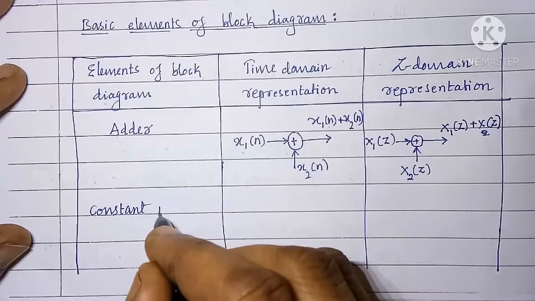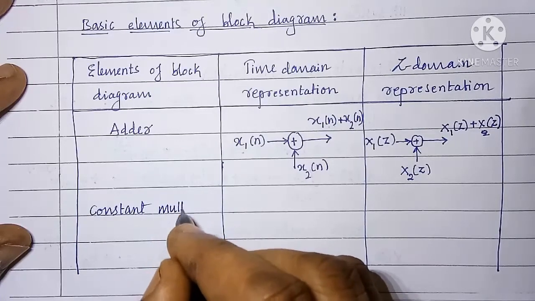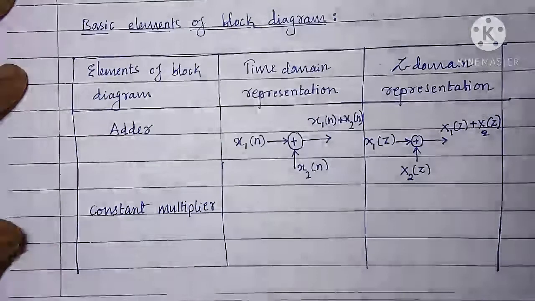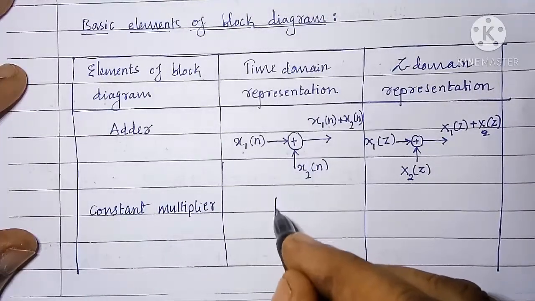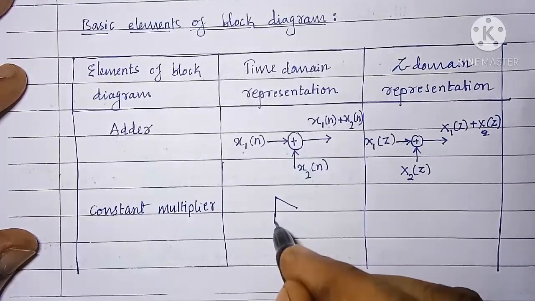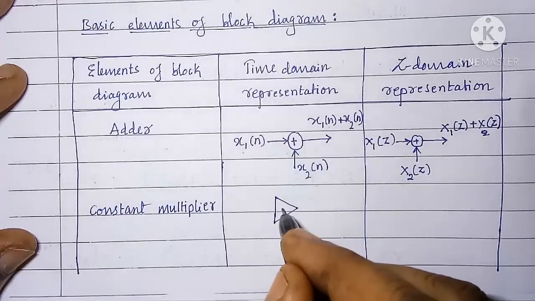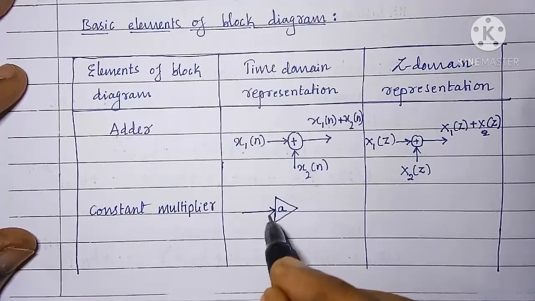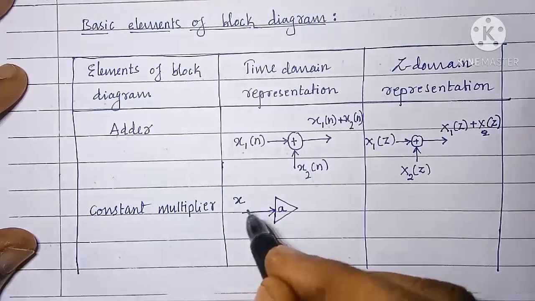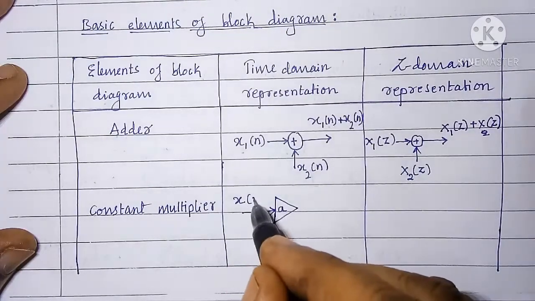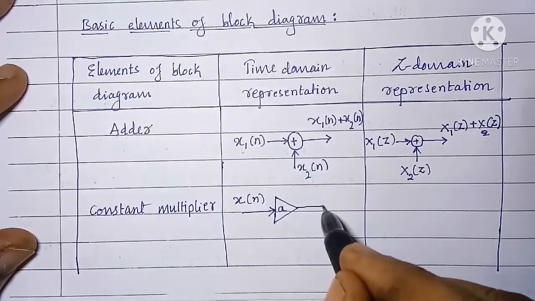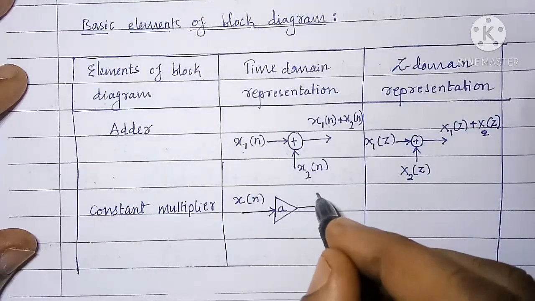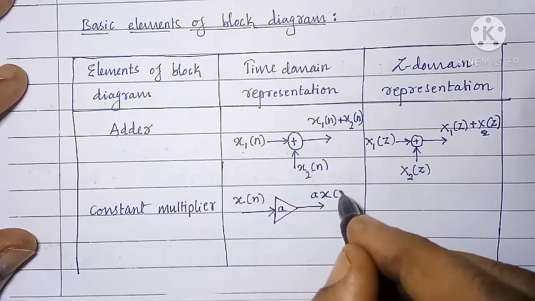Constant multiplier. Say I have to multiply signal x of n by a, then I will have to pass x of n through the constant multiplier box to get a into x of n.